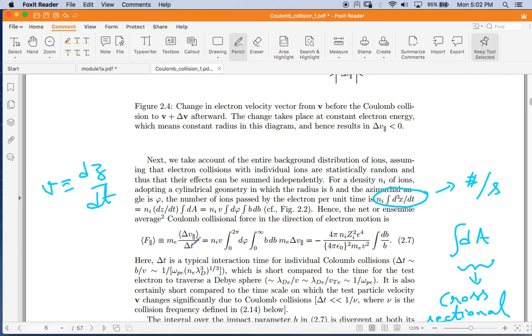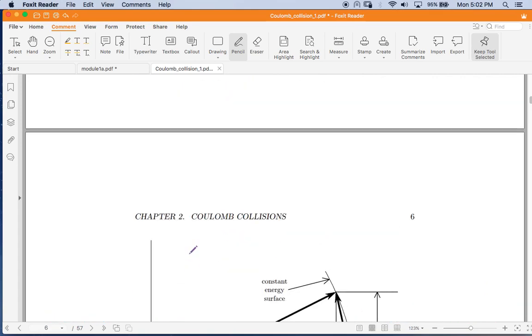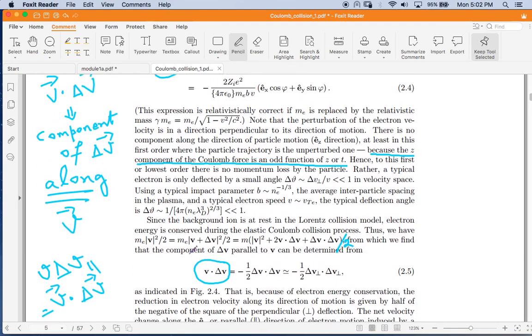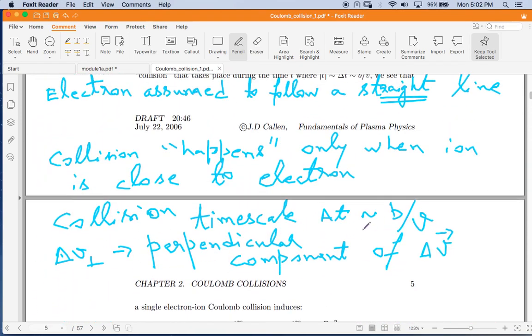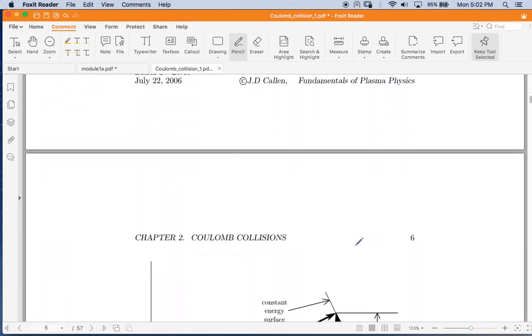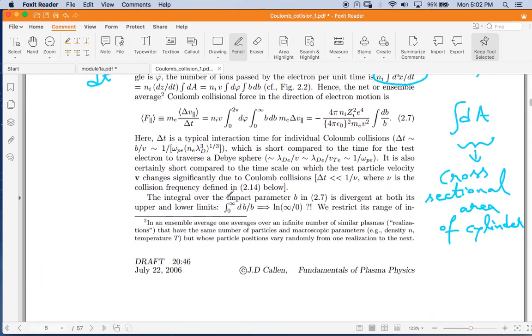This middle step is not too important, so don't be confused by it, or by the fact that this delta t is something like b over v, as we discussed here, the collision time. We're not making any use of that.